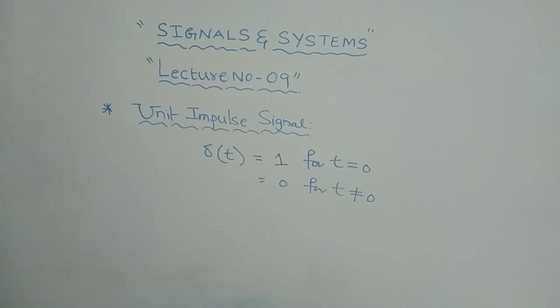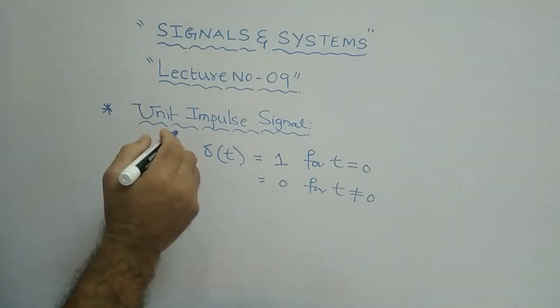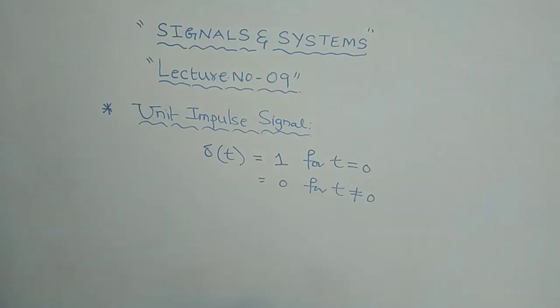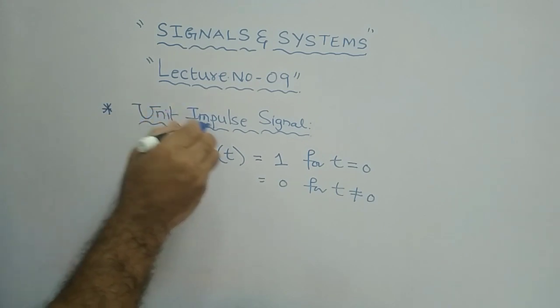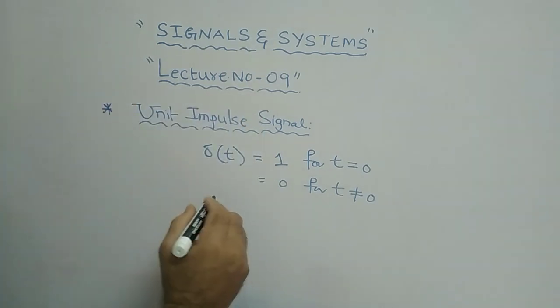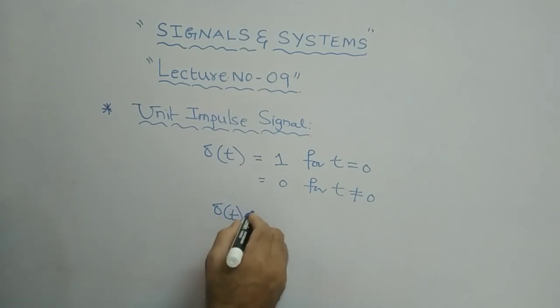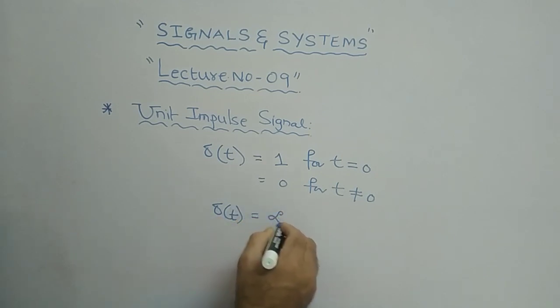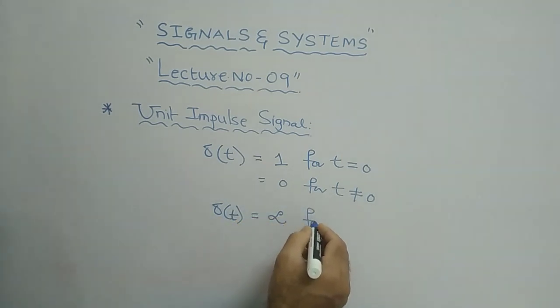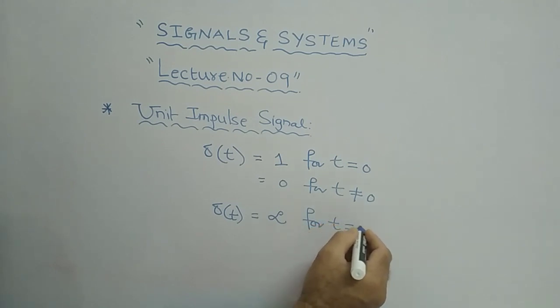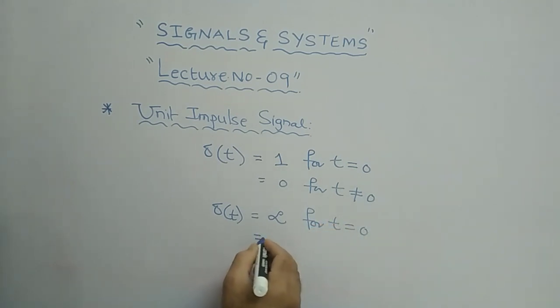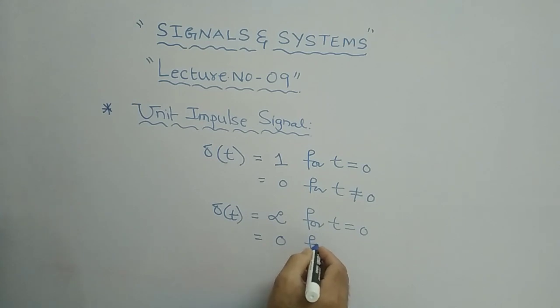Why unit? If you give the exact definition of the impulse signal, in general delta of t is equal to infinity at t equal to 0, not 1, and it is 0 for t not equal to 0.